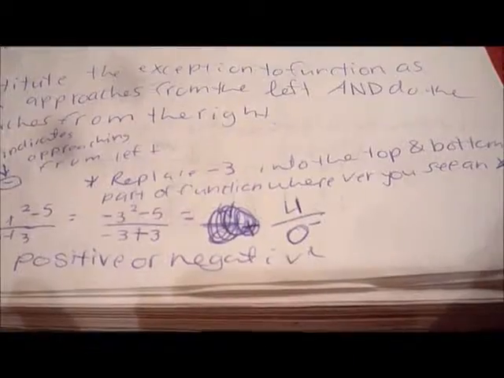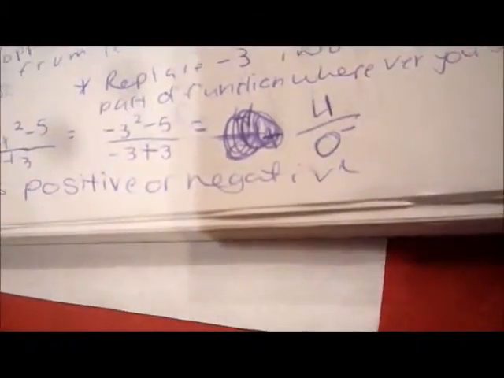When that happens, you get 4 over 0, because the bottom will always equal 0. Now you have to determine whether the 0 is positive or negative. Since we're working with the left, you have to get a number directly to the left of -3. Obviously, that would be -4.